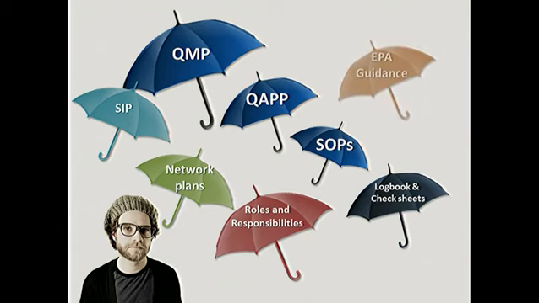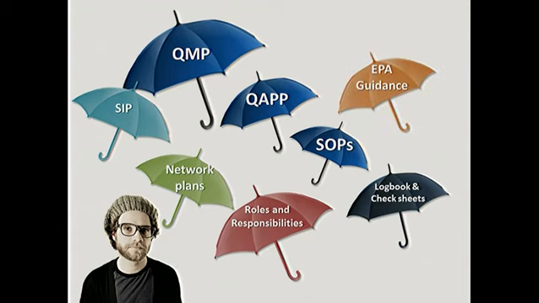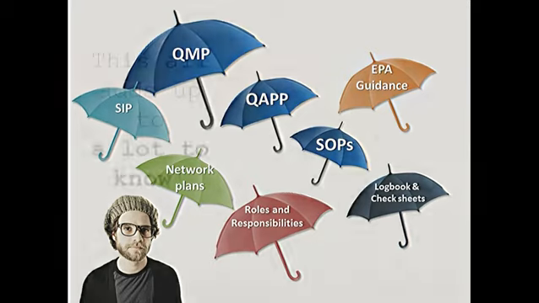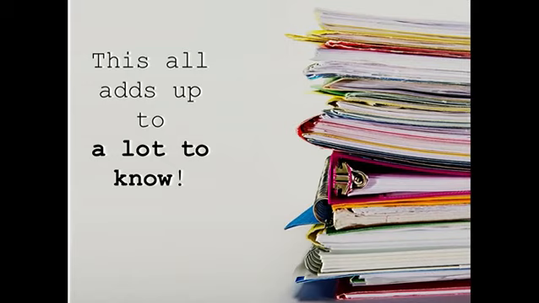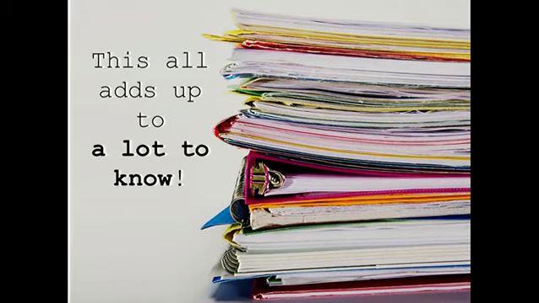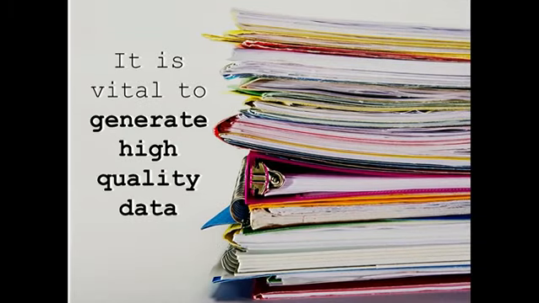Thrown also into this are EPA guidance documents, which provide us the foundational material for the production of all the other QA documents. It all adds up to a lot of information to know. But, as has been mentioned before, all of this is really vital to the collection of consistent, high-quality, defensible data.